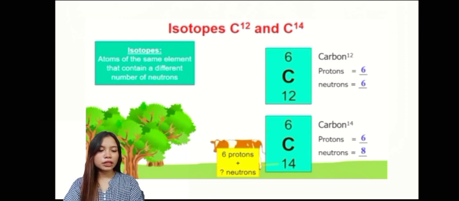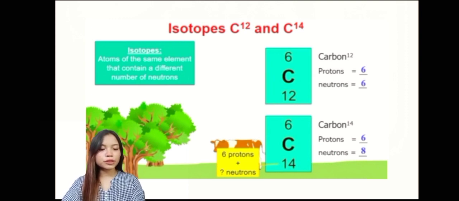However, galahi silag neutron in which ma-identify nato by subtracting the atomic number sa mass number. So, ang mass number sa carbon 12 kay 12, nya i-minus siya nimo sa 6, mahimo na siyang 6, which is mao na ang neutron sa atomic ay sa carbon 12.